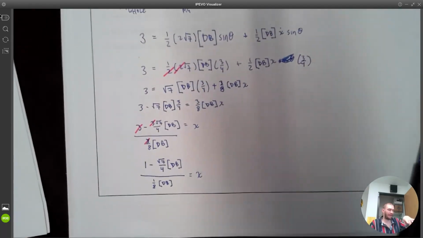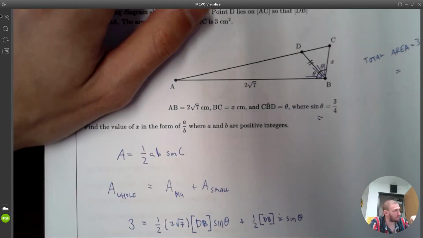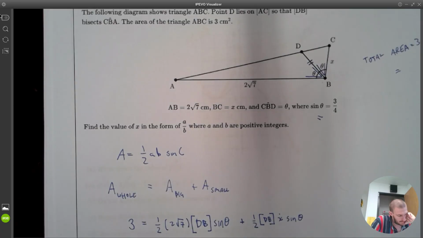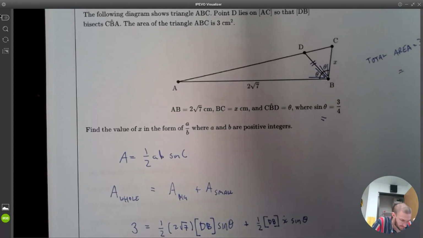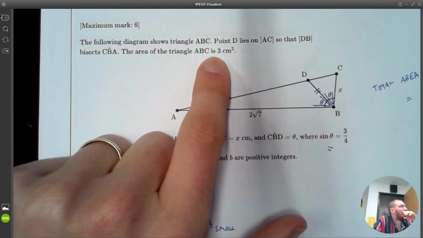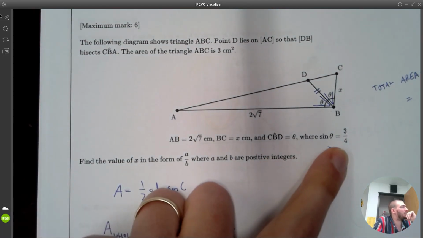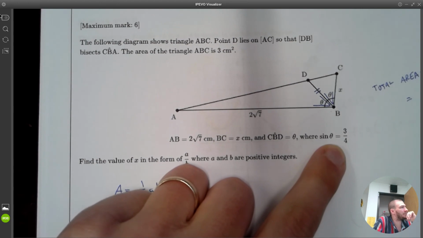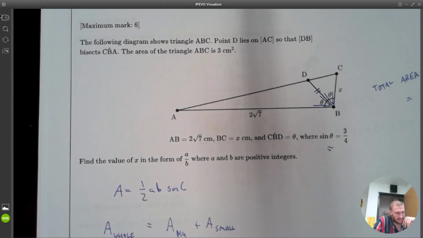Okay, I gotta figure out what dB is. dB within my triangles, and they're not right triangles. What have I used from the question? I used the area. I used this as my sine. I don't really have that much.